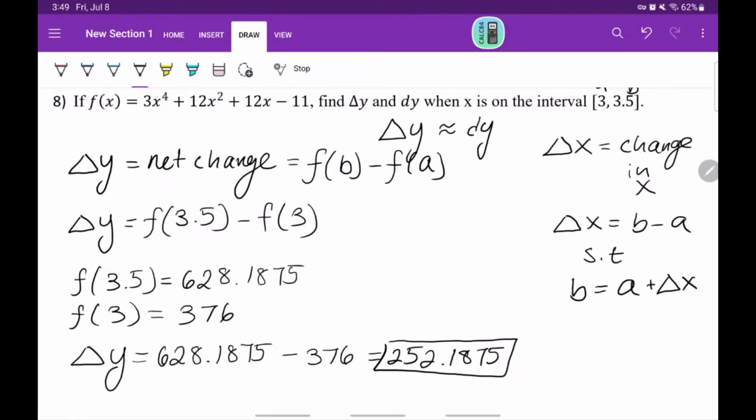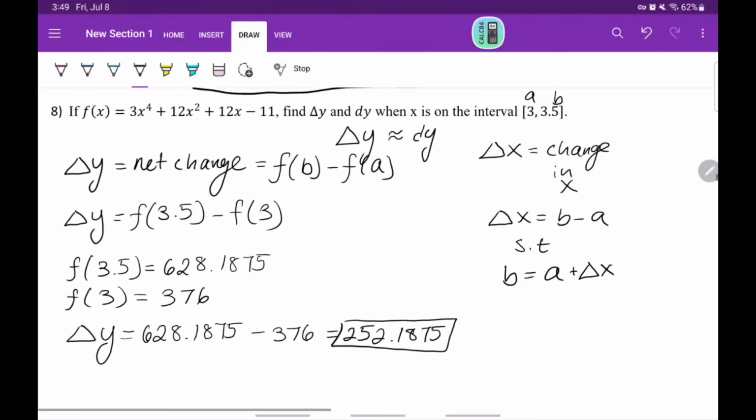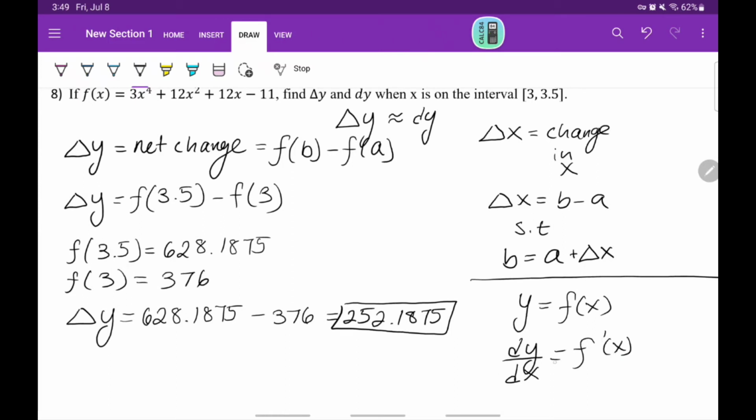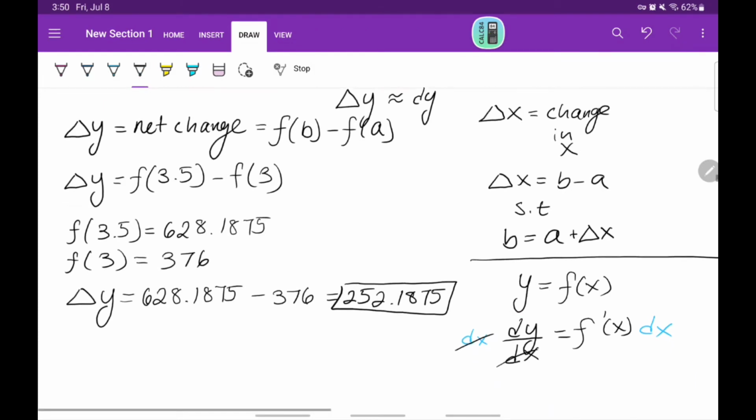Now let's find dy. dy is a differential. Remember, suppose y is a function of x, and we take the derivative of that. So dy over dx equals f prime of x. If I multiply both sides by dx, those simplify out.